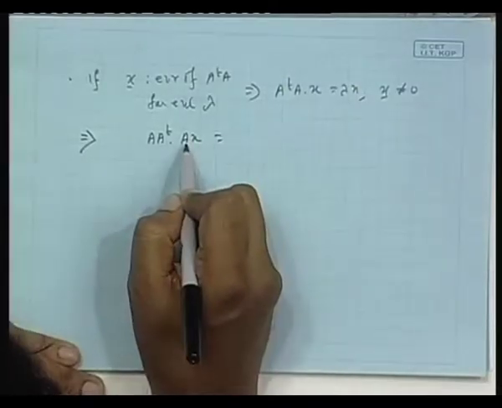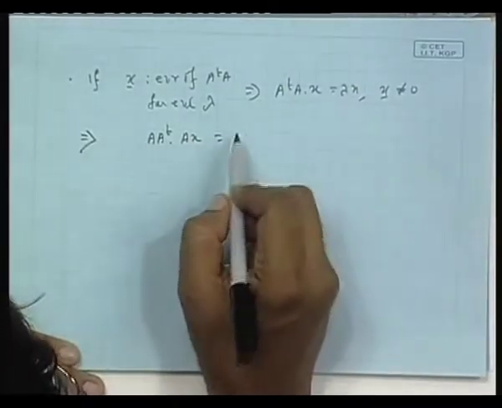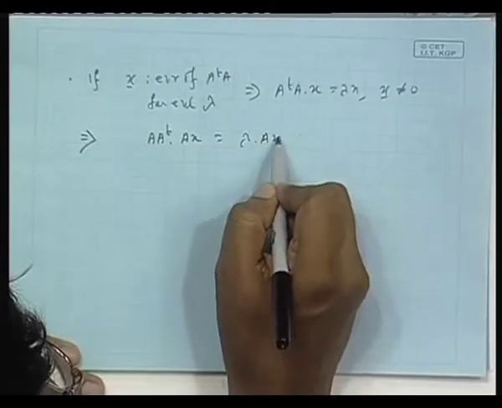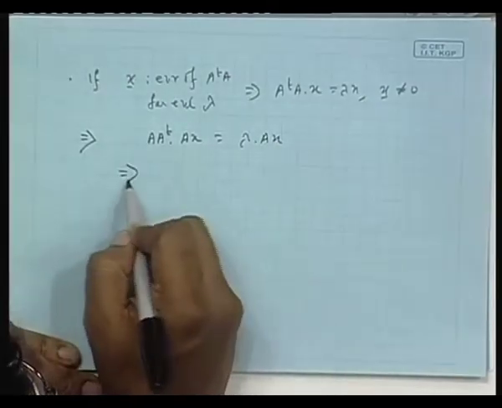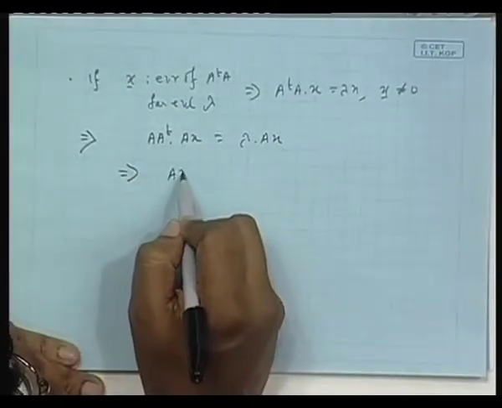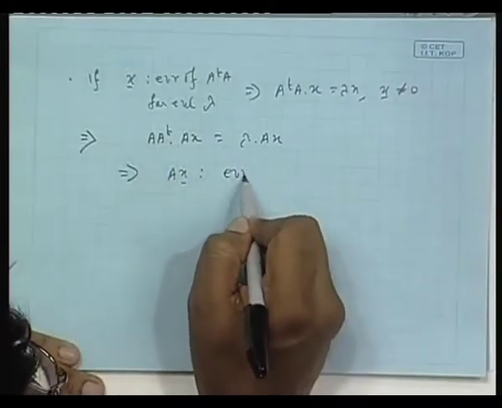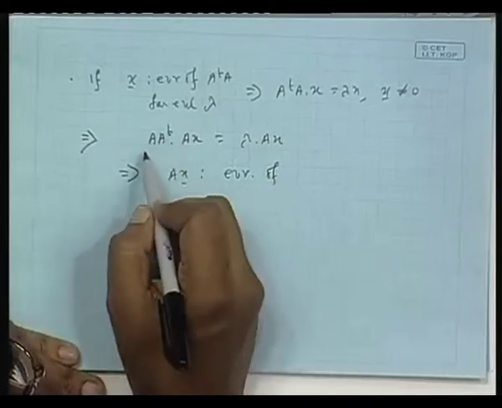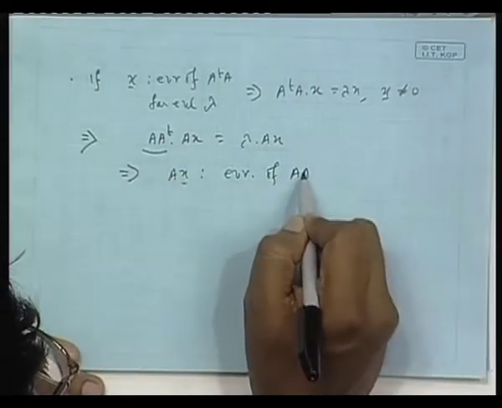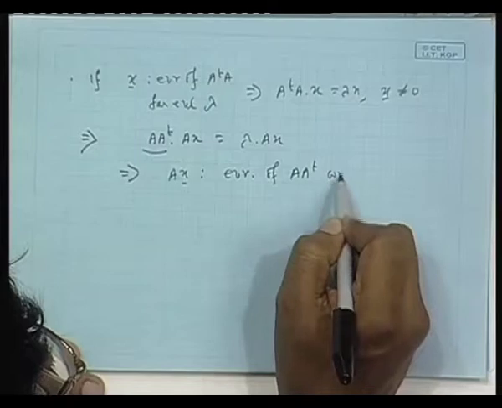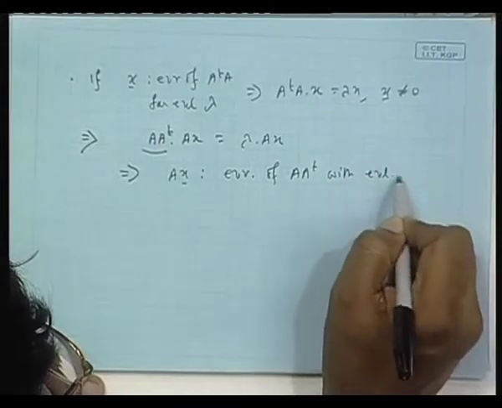A transpose A x is lambda x, and if you put that back, it is again lambda A x. So, in that case A x is an eigenvector of this matrix A transpose with eigenvalue lambda.